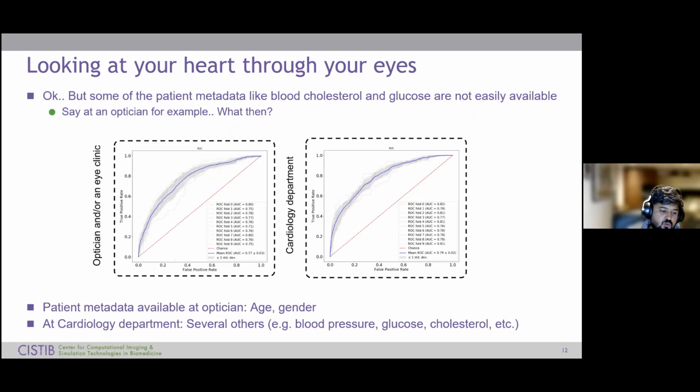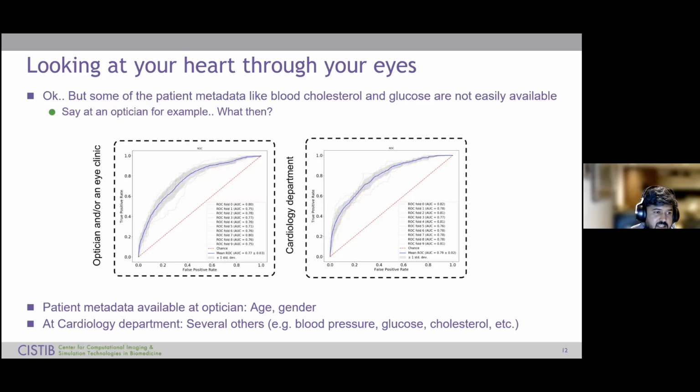So that's great. But, as we said, blood cholesterol and glucose and all of these other measurements may not be available. So how does the performance fall or get affected if we have less demographic information?